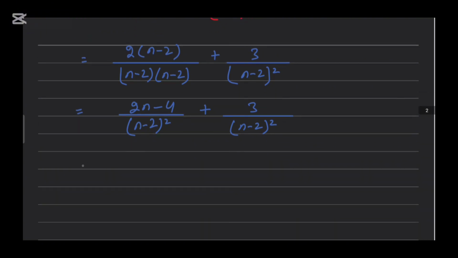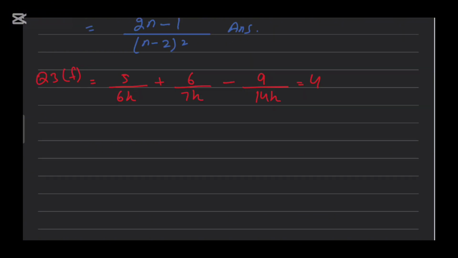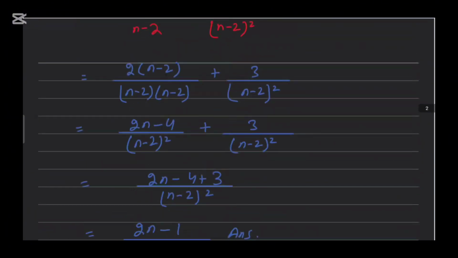Now you can see our denominators are the same, so you will take n minus 2 whole square as the LCM, and the numerators 2n minus 4 plus 3 will be combined. Now you will simplify them. 2n minus 1 over n minus 2 whole square. That is your answer. Okay, so question number 3, part F, I will solve.